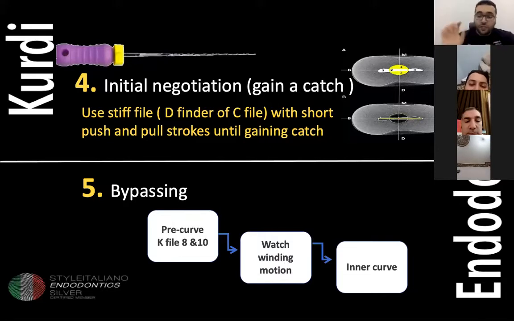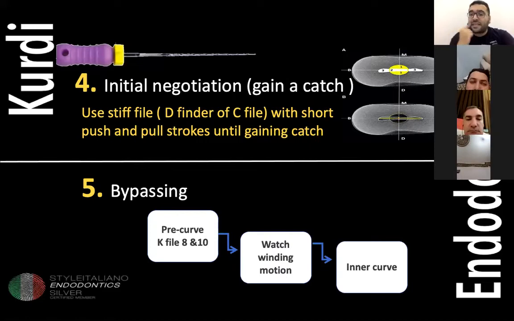So in this step, we need a specific file with a specific motion, with a specific irrigant to do this the right way. The file that I will use here will be the D-finder. I don't like C+ files in this step because it's a little bit more dangerous, or more risky.